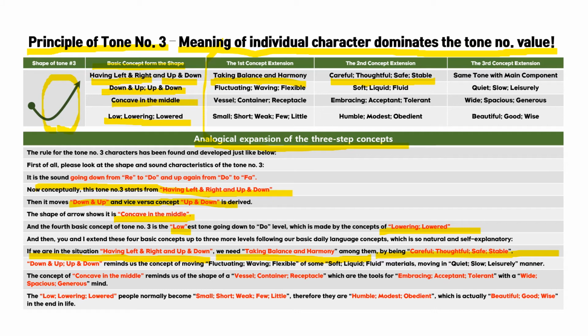And next, down and up and down reminds us of the concept of moving. Just think about the waters streaming in the valley, fluctuating, waving, flexible. It is very soft, liquid, and fluid, moving in a quiet, slow, leisurely manner.